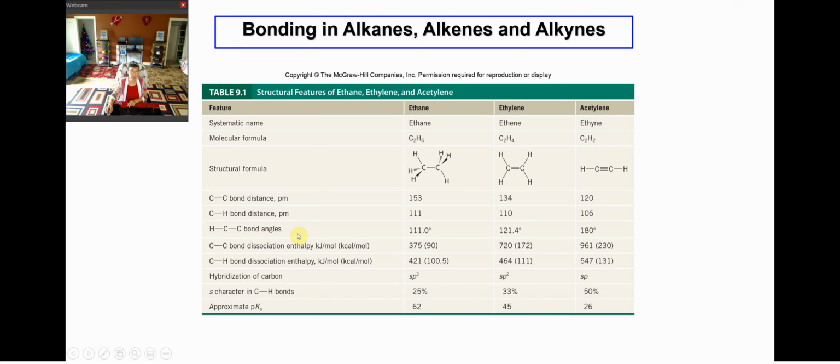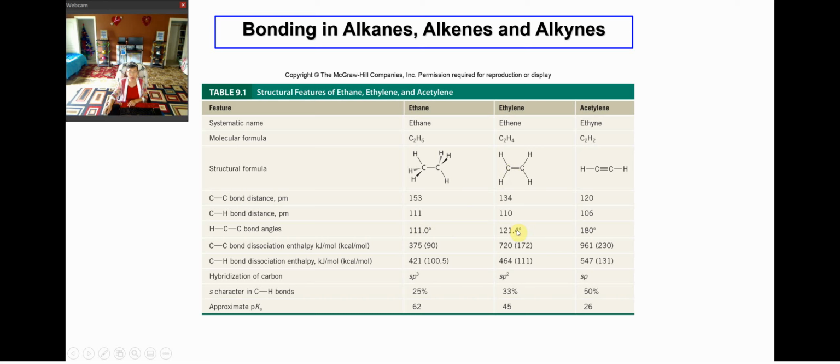About the bond angles, you can see the different bond angles in ethane. In this molecule, you essentially form a pseudo-tetrahedral structure, with bond angles slightly bigger than 109.